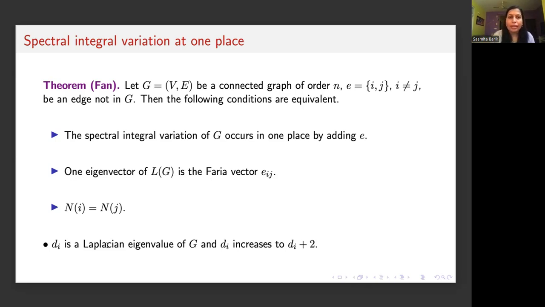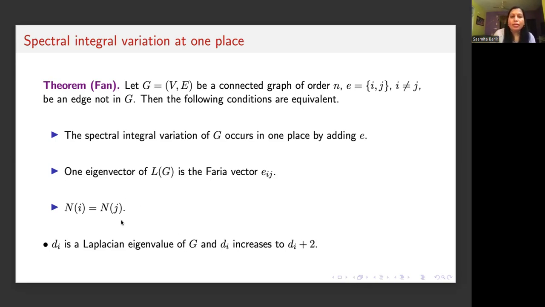So I can say what the spectrum is: 0 will come, 1 will come n minus 3 times, and 3 will come, and then n will come. This complete characterization has been done by Pan.